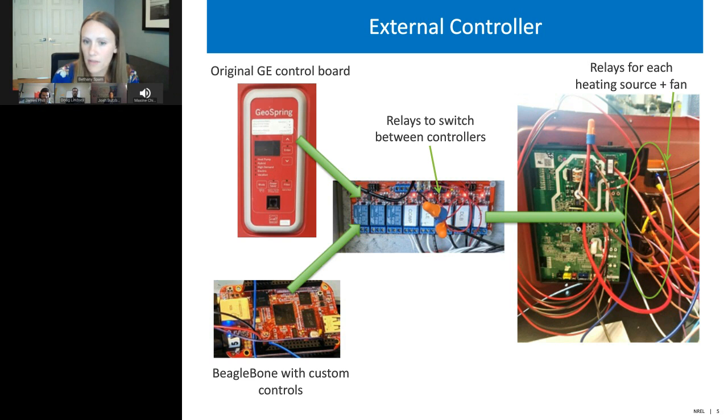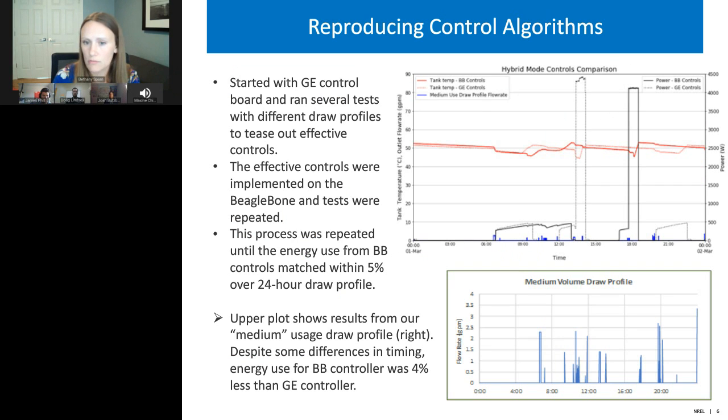So the process that we went through was we wanted to, as best we could, reproduce the existing controls from the water heater. Anyone that has any experience with heat pump water heaters knows that the performance of each water heater is very dependent on the controls, and each manufacturer does them a little bit differently. So we wanted to, as faithfully as we could, reproduce the GE controls.